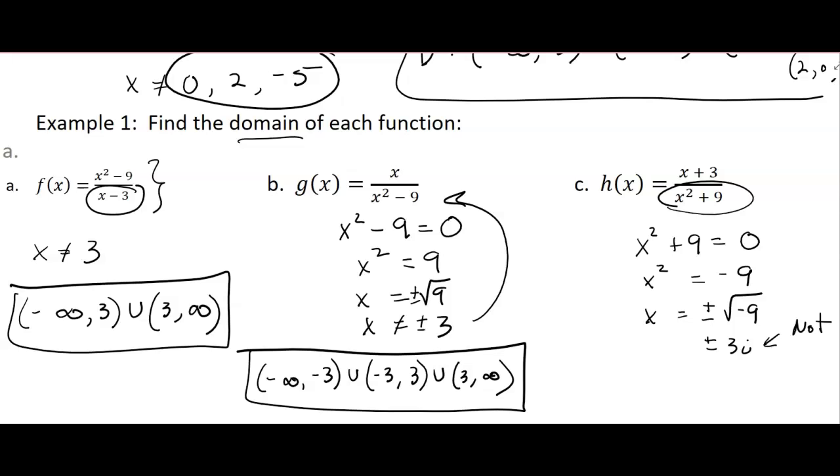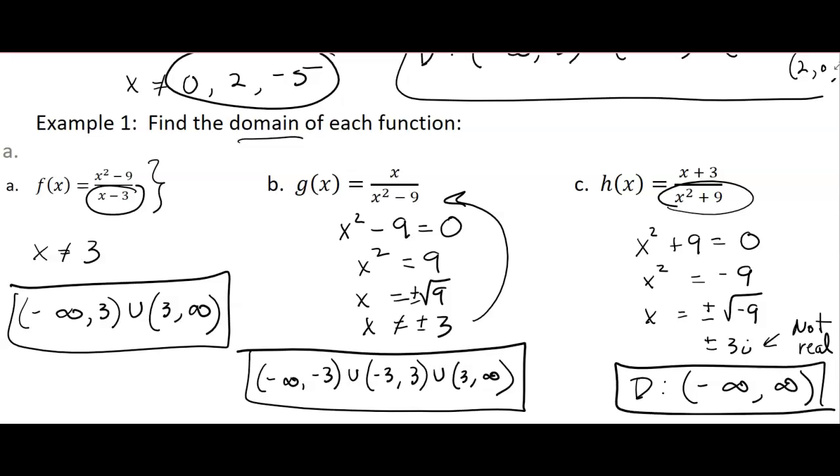Because we have a function, and we're going to eventually graph these in the real number system, they're not real numbers. So our domain is only over the set of real numbers for our functions, and so those don't count. So all real numbers will work. The domain is going to be all real numbers.